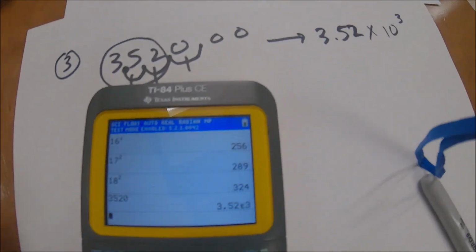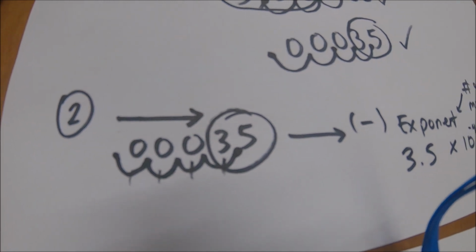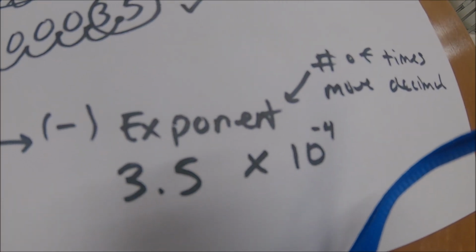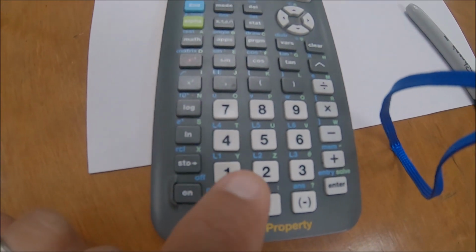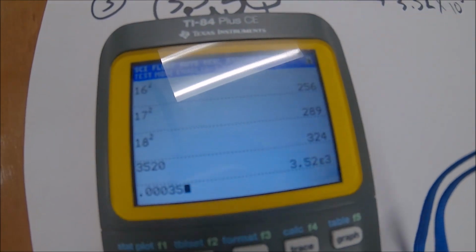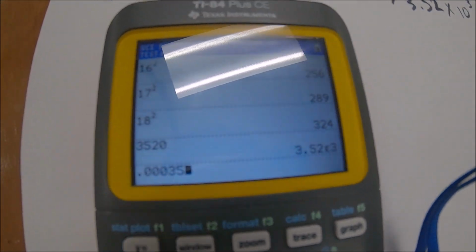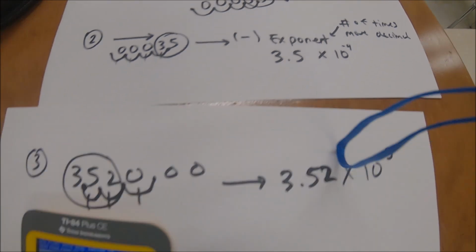Okay? Now, what if I start with a very, very small number like 0.00035? Do you think it's going to give me a -4 exponent? Well, let's find out. 0.00035. Okay, let's see what it outputs. 3.5 exponent -4. 3.5 times 10 to the -4th.